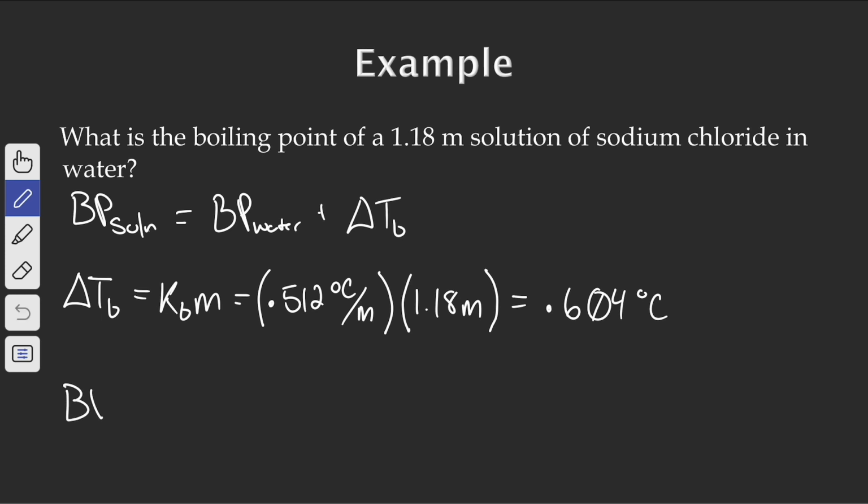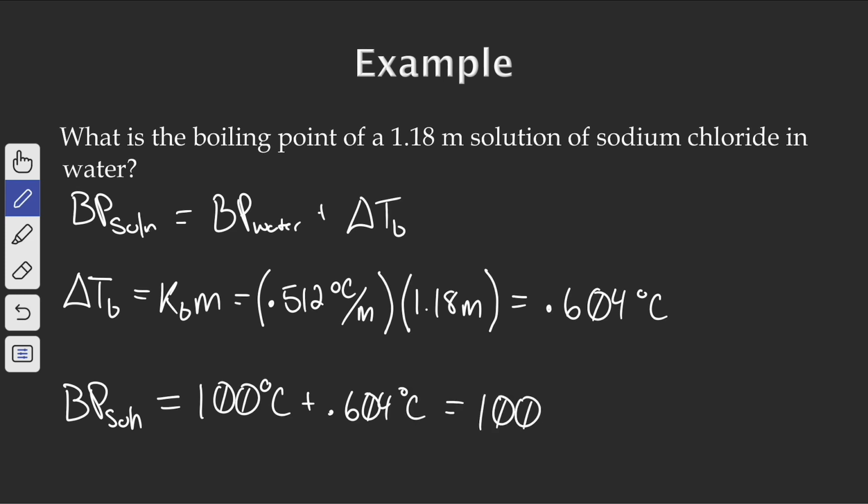Well, again, if we want the boiling point of our solution, that's just going to be the boiling point of water, 100 degrees Celsius, plus our change in boiling point, 0.604 degrees Celsius, which gives us a new boiling point of 100.604 degrees Celsius.